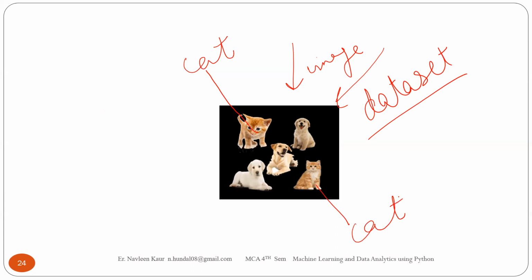The other label, no one is providing me any supervision, right? By looking at it, I say this is a dog. Now suppose there is a newborn child who is learning and doesn't know about the creatures.